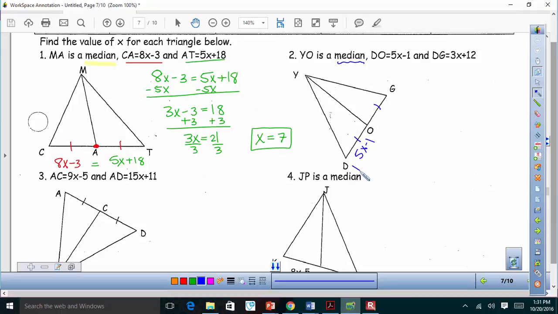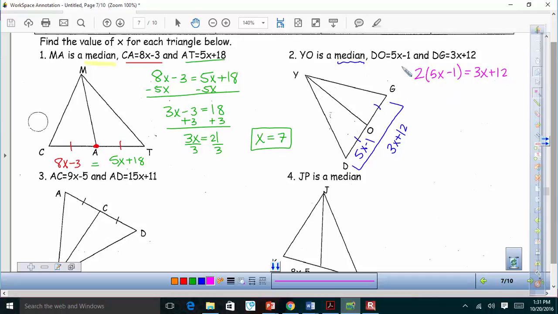Then D to G is 3x plus 12. Okay, so what do I do if I have a half and a whole? Very good. 2 times part equals whole. So we're going to do 2 times 5x minus 1 equals the whole, 3x plus 12.